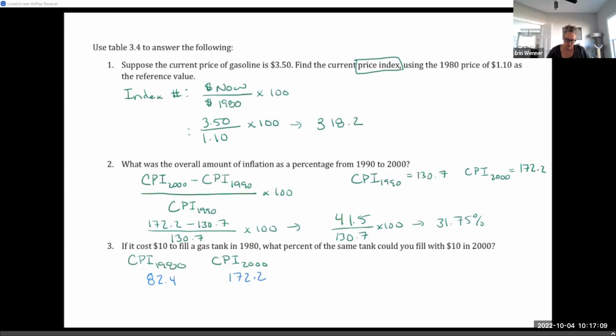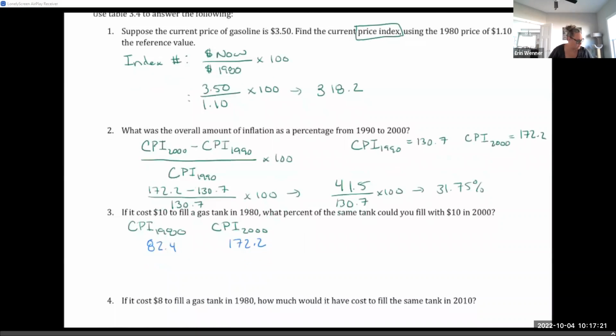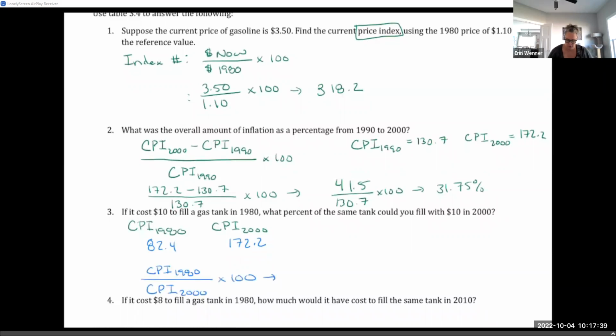So to figure out what percent, and I think on your homework, they maybe say what portion. I'm not sure how it's specifically worded, but what we're going to do here is take our CPI in 1980 divided by our CPI in 2000, and then we're going to multiply it by 100. There's a problem on your homework that you're going to do this exact calculation, but they don't want you to multiply by 100. I don't know why.